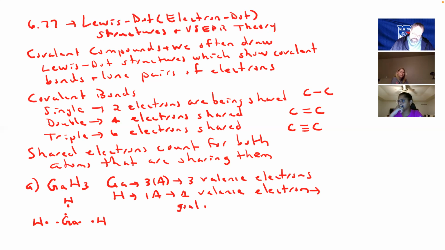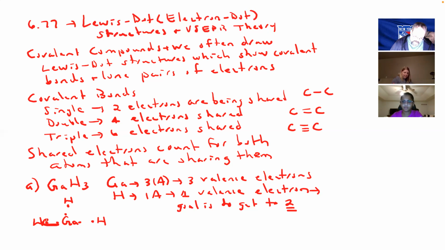Now, for hydrogen, the goal is to get to 2. And in this example, that goal can be met. For gallium, for most of the elements in the periodic table in period 2 and beyond, the goal is to get to 8. However, there are some elements that are okay with having less than 8, and it turns out that gallium is one of them. In this case, the gallium can't have any more than 6 based on the total number of electrons. So how would each hydrogen get to 2?